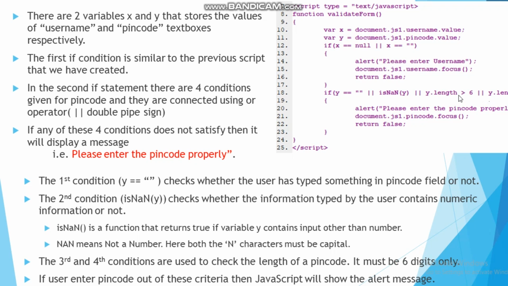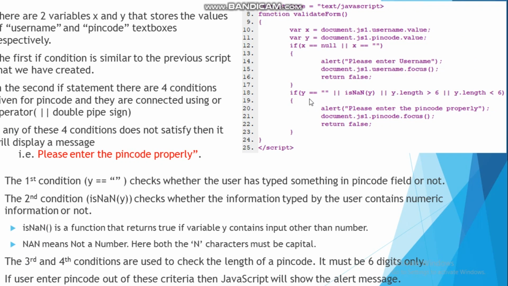If any one condition becomes true out of these 4, then it will display the message, please enter pin code properly. Then it will put the cursor inside the pin code text box and return false.